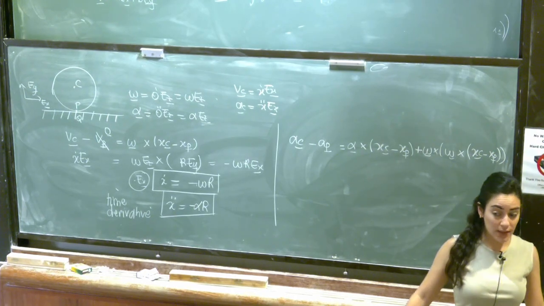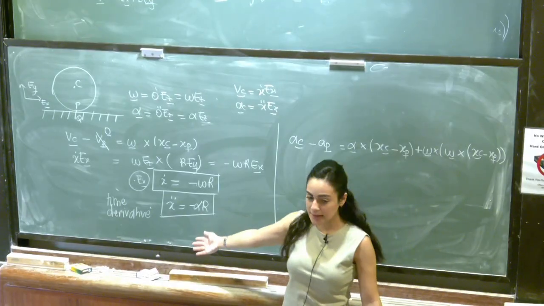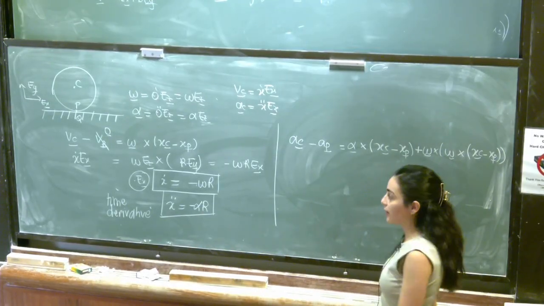Okay, now I can replace a few terms. AC is equal to X double dot, which is minus alpha R Ex.